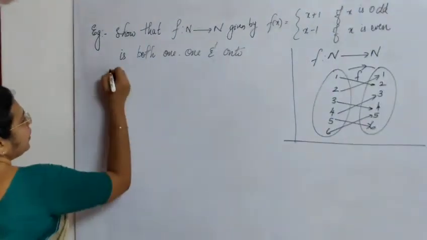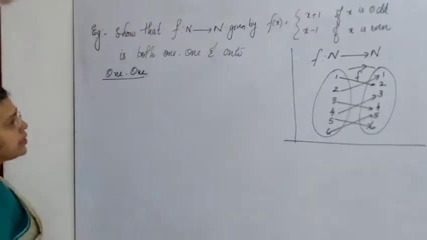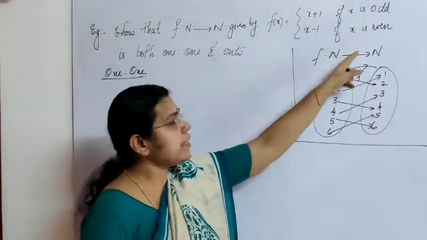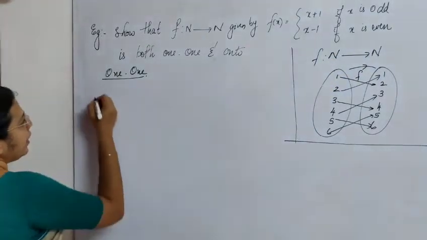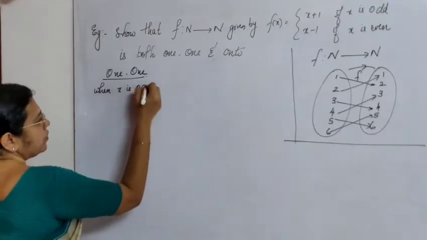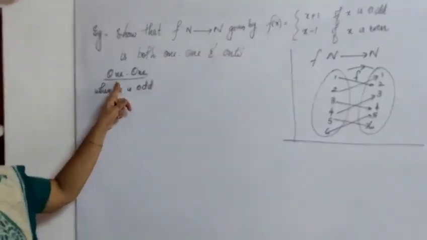So to prove it is 1-1, since the function has two different values for x as odd and x as even, first take x odd. When x is odd, I am trying to say that the function is 1-1.